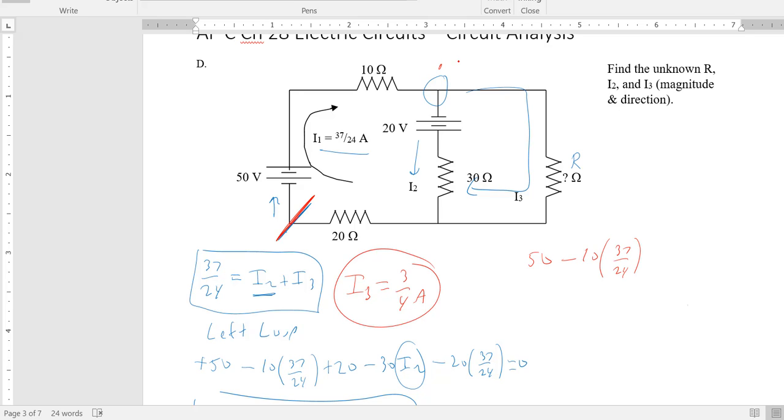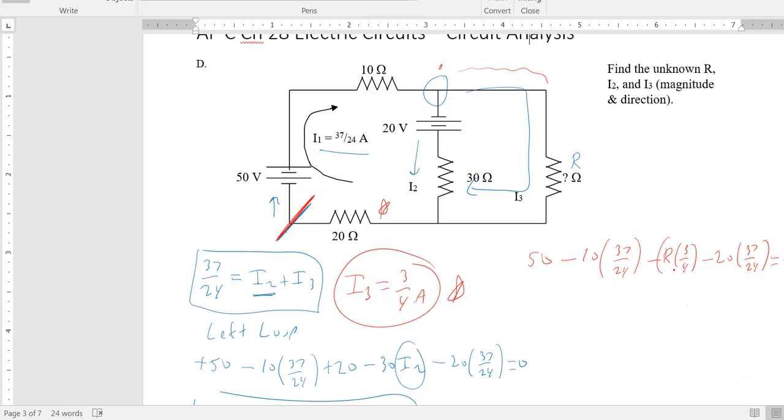But now we're going this way, with I3, and we got I3 right, by the way. We got a positive answer, so we guessed correctly. So we're going with I3, which is a drop, so minus R times 3/4, that's the current. And then we go back through here, which is I1, so it's minus 20 times 37 over 24, and that all has to equal 0 again.